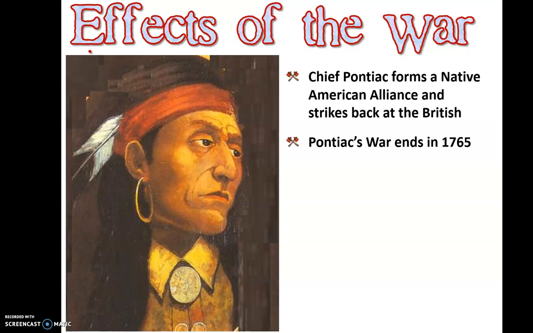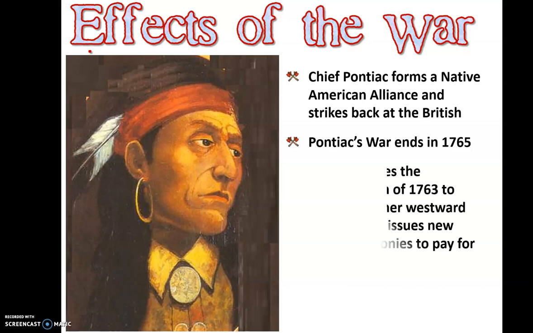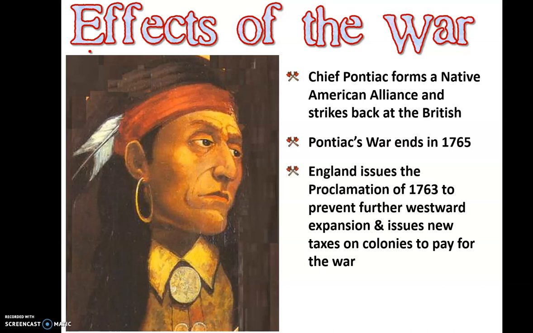They had guns and cannons, and one of the Indians' main benefits was just knowing their way around the land. So ultimately, they couldn't measure up to the British, and they lost that war, which, Pontiac's War, ended in 1765. England, however, issued the Proclamation of 1763 that would prevent the colonists from further moving westward.